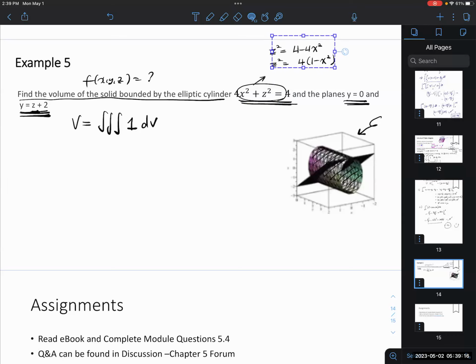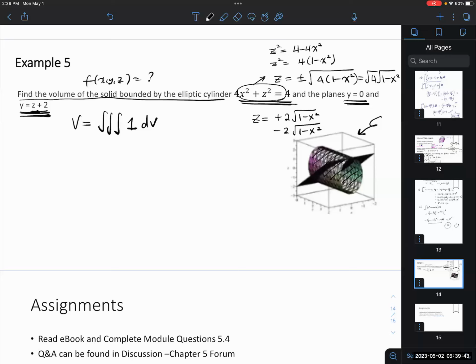Now z equals plus or minus the square root of 4 times (1 minus x squared). So what does this mean? You can separate it: radical 4 times radical of 1 minus x squared. The square root of 4 is 2. So plus 2 radical 1 minus x squared, minus 2 radical 1 minus x squared.